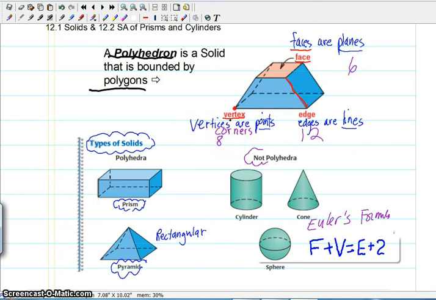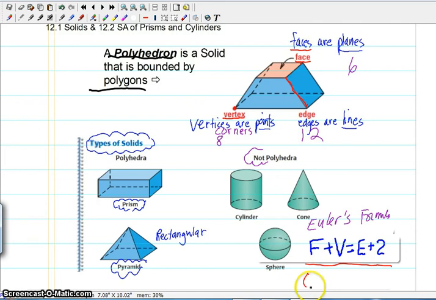Okay, we have a formula that relates faces, vertices, and edges. So on any polyhedron, the number of faces plus vertices equals edges plus 2. Okay, so we can try this out for our example up here.